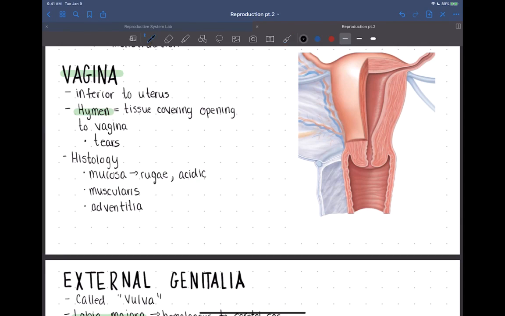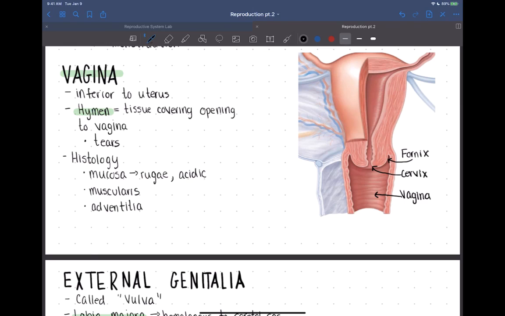I'll label that since I have a little more room on this picture. So it's the fornix, the indentation, and then the cervix would be here, and then the vagina would be here.